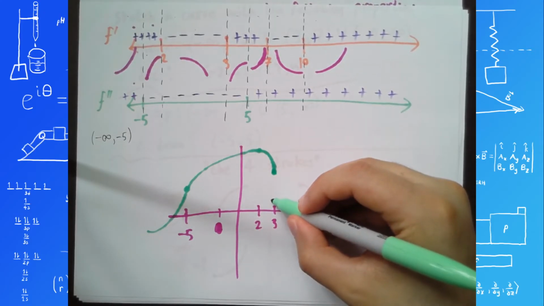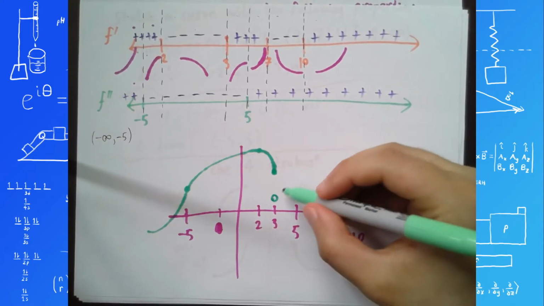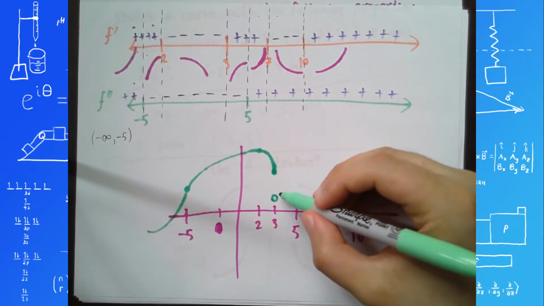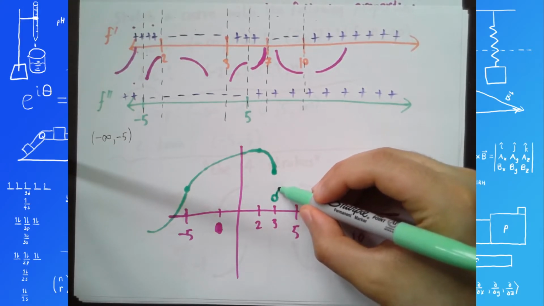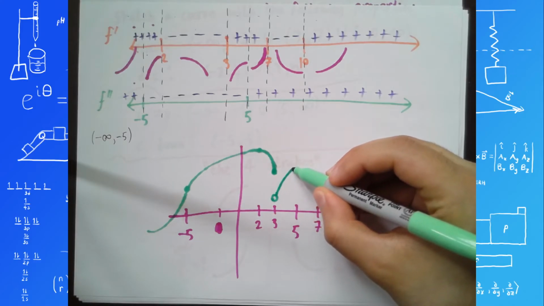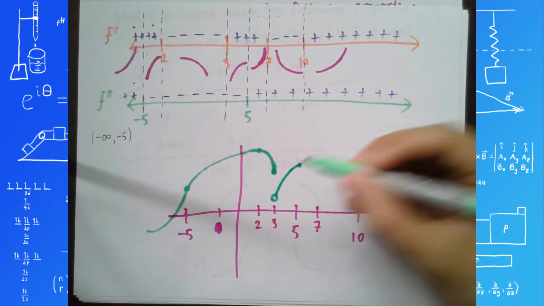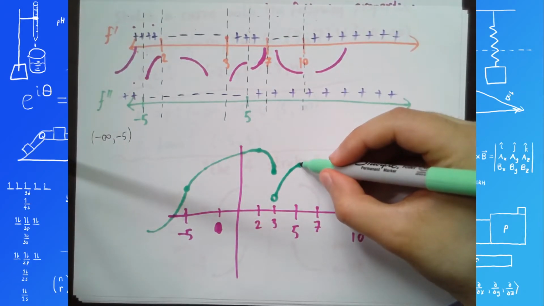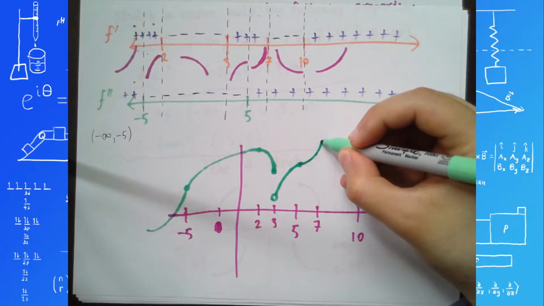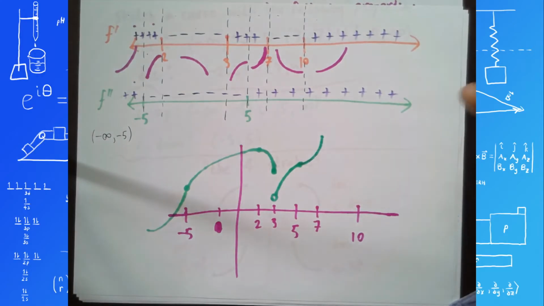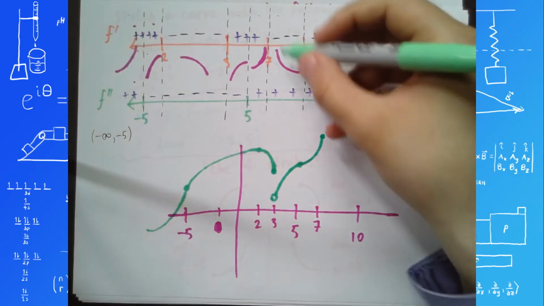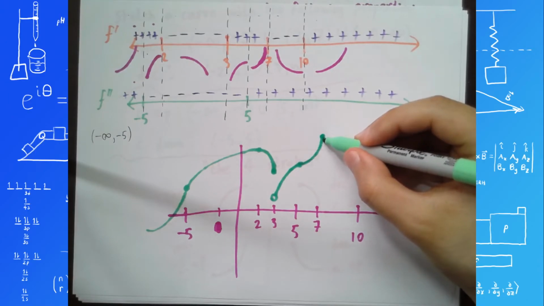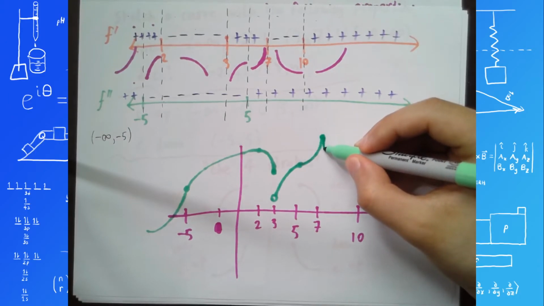I'm just going to have a jump, and then looks like it's increasing concave down until you hit 5. Once you hit 5, it switches to increasing concave up until you reach 7. And I guess I'll make this one a cusp. Once you hit 7, it switches to decreasing concave up.